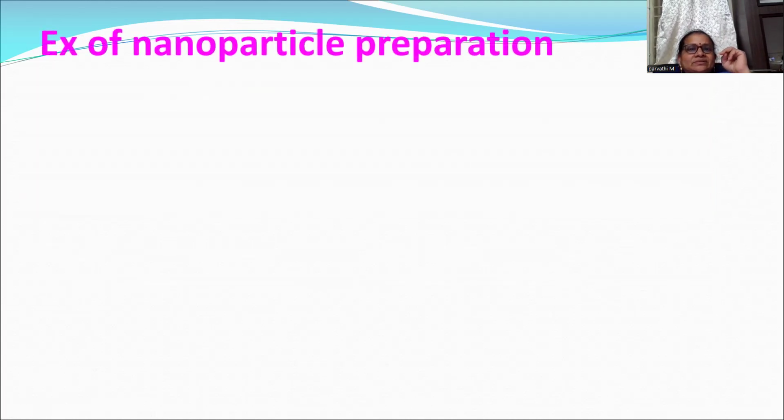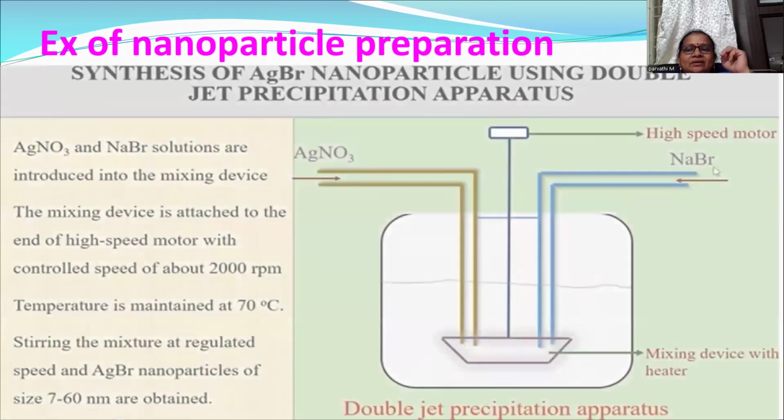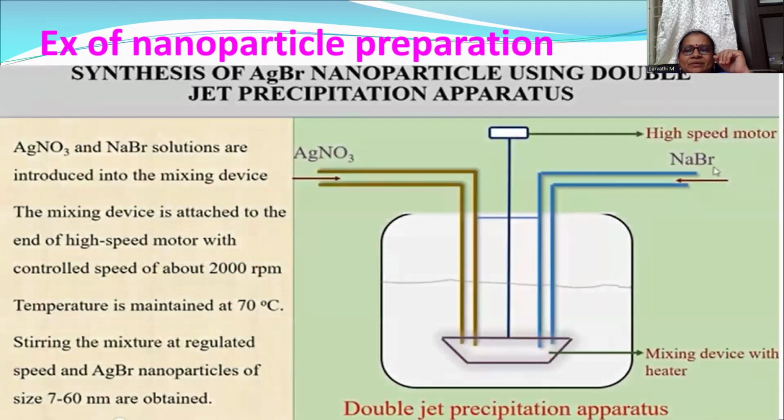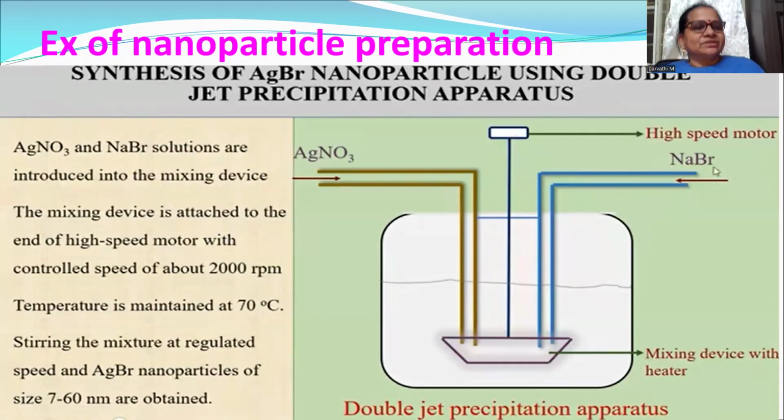These are examples of nanoparticle making. This is a double jet precipitation apparatus. Through this double jet, two materials are put into a single mixing device with a heater. Silver nitrate and silver bromide solutions are introduced into the mixing device, known as the double jet precipitation apparatus.